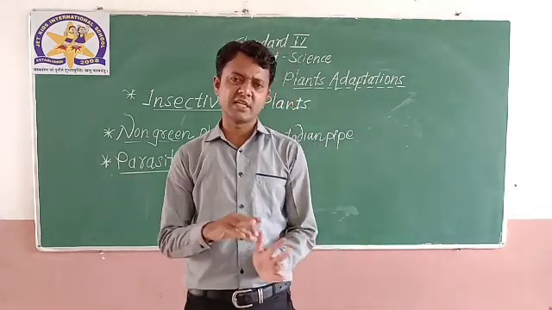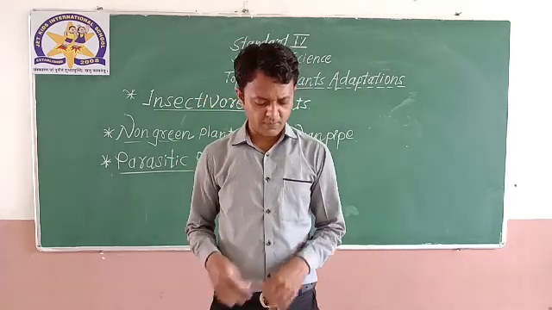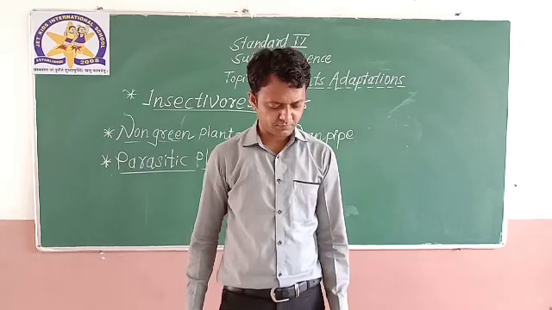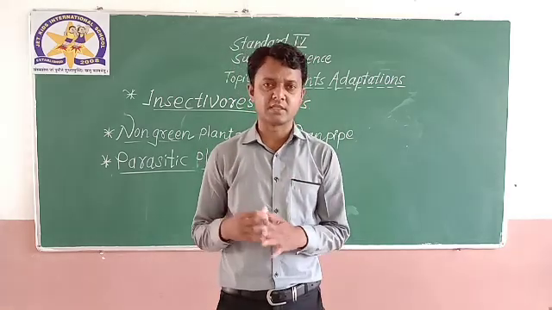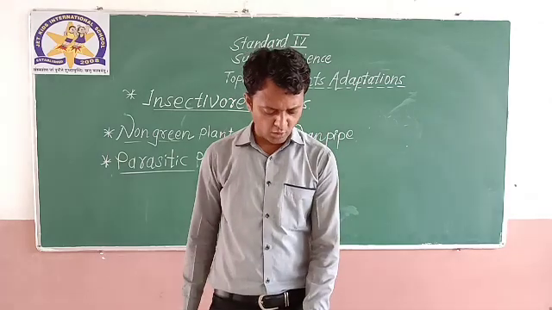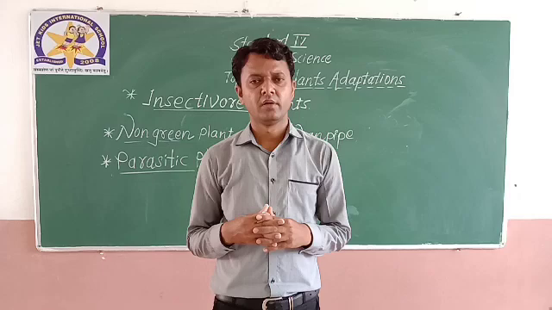They are partially dependent on other plants for their nutrition. See, these plants grow on other plants. Parasitic plants grow on other plants and absorb nutrients from them.